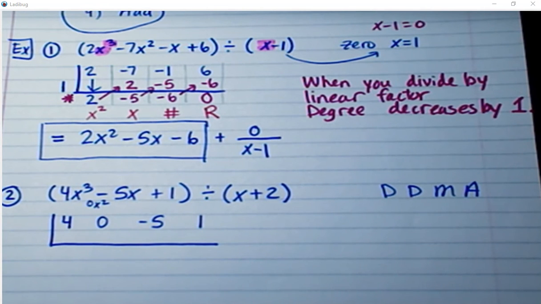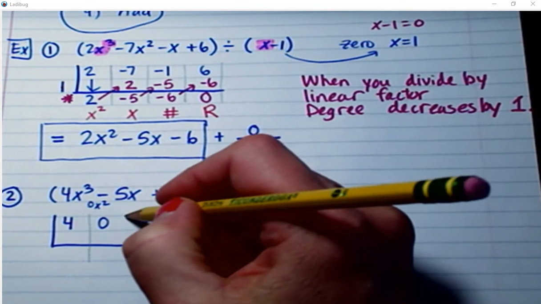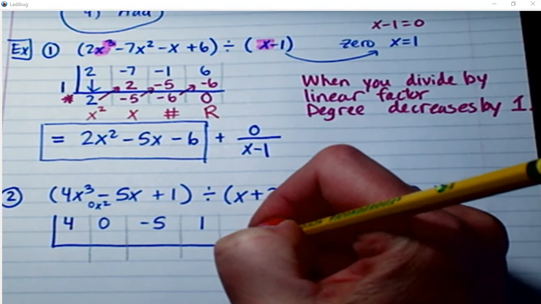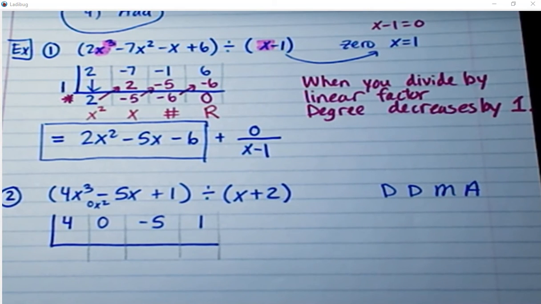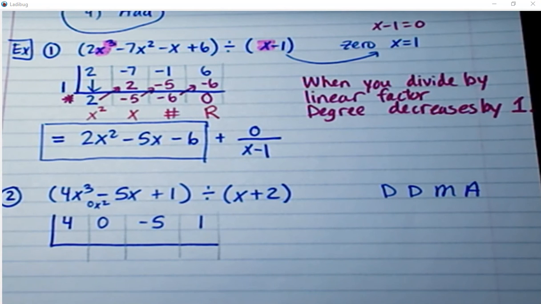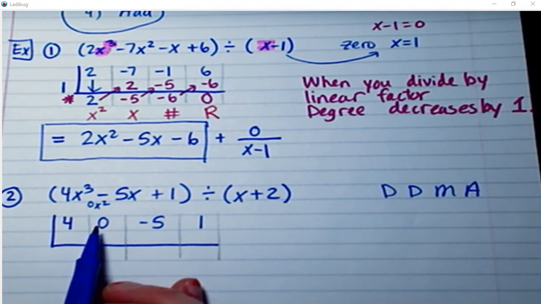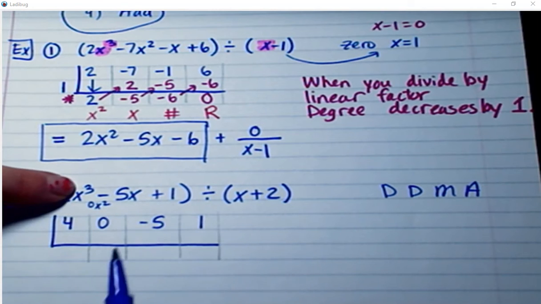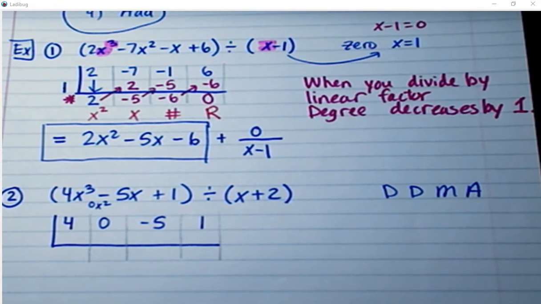You have to include the 0. So there's no skipping powers. You have to have the placeholder. Because the way synthetic division works is you have to have a column for everything from the first term to the last term. No skipping. So 4, 0, negative 5, 1. So all cubics should have 4 columns. If you have 6 degree, you should have 7 columns, 1 for every power and nothing on the end.